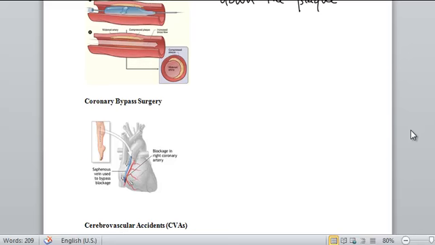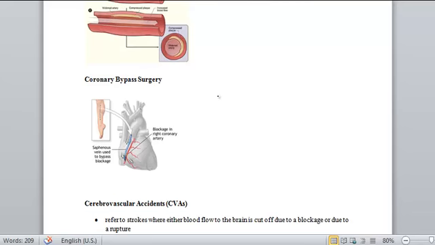If you're in a situation where it's too blocked to fix that way, the other thing they can do is what's called a coronary bypass surgery. And what they do is they usually take a major vessel from your leg that you can afford to live without, because you have lots of vessels in your leg. And if this is the buildup, maybe the blockage is there.